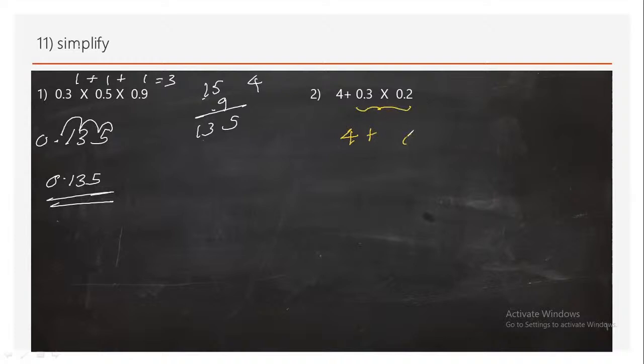Here 6. 2 decimal places. 0.6. 4.06 is the answer.